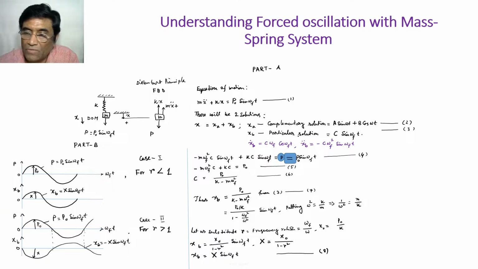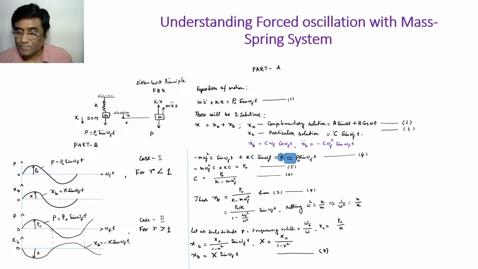Another is called the particular solution, which is equal to some constant times sine omega f t. Again, we have made a trial solution, so in the particular solution another constant C sine omega f t is applied.